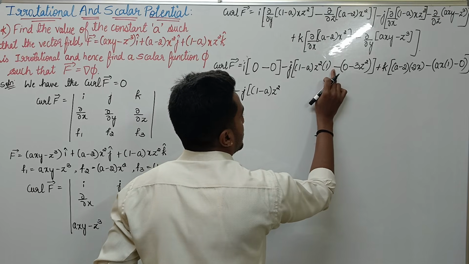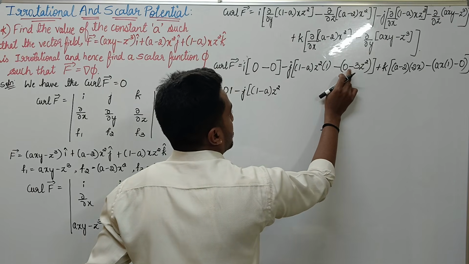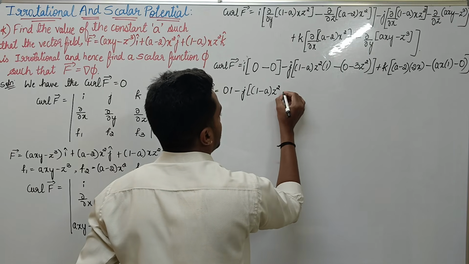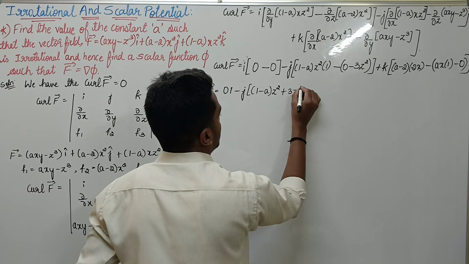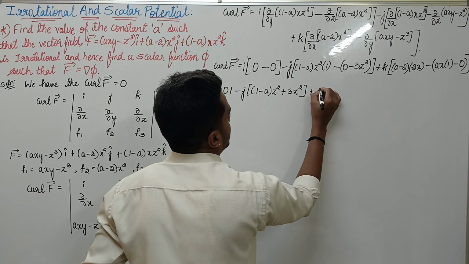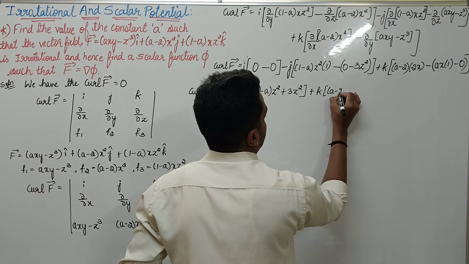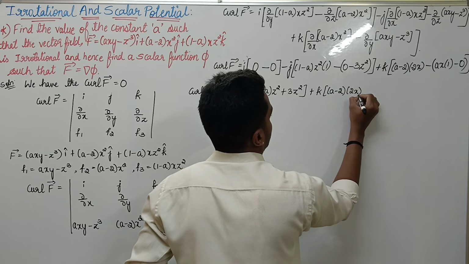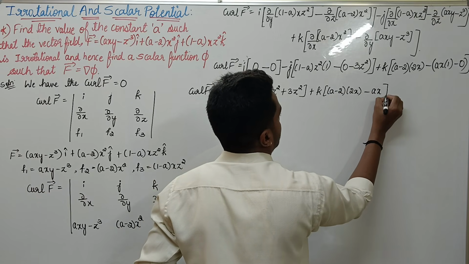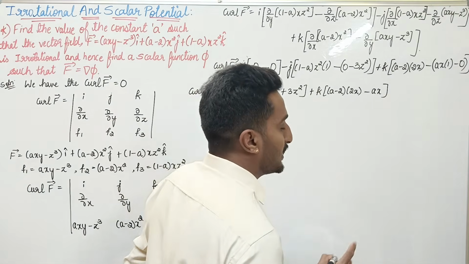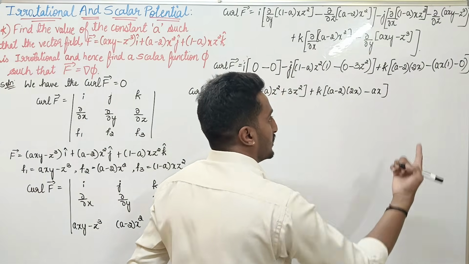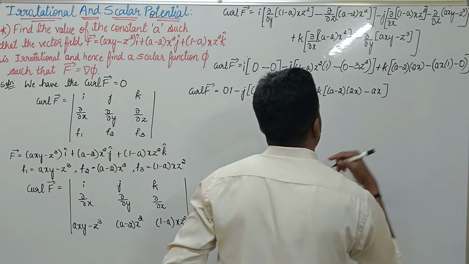Next we have 0 minus 3z square, minus into minus plus 3z square, plus k into a minus 2 into 2x minus ax. Ax into 1, ax minus 0, ax minus ax.